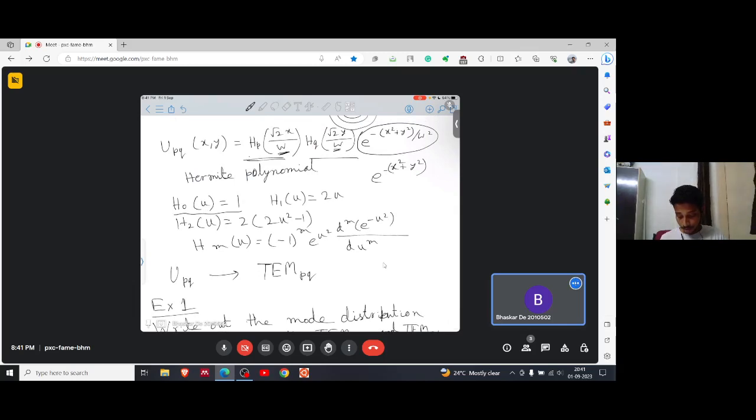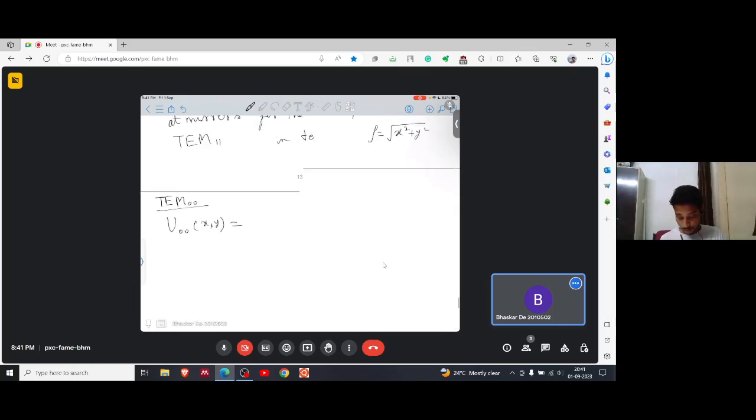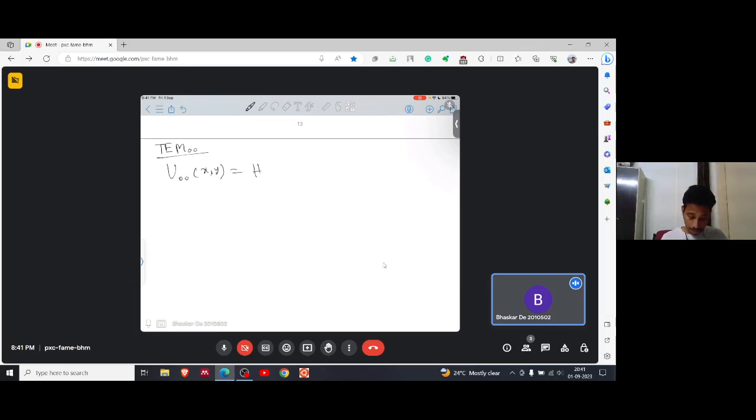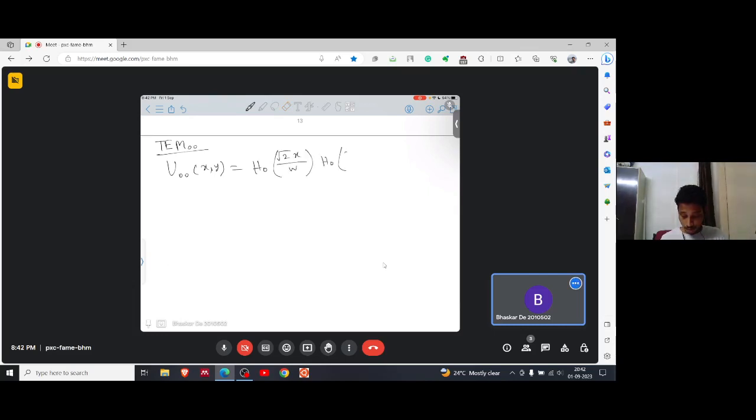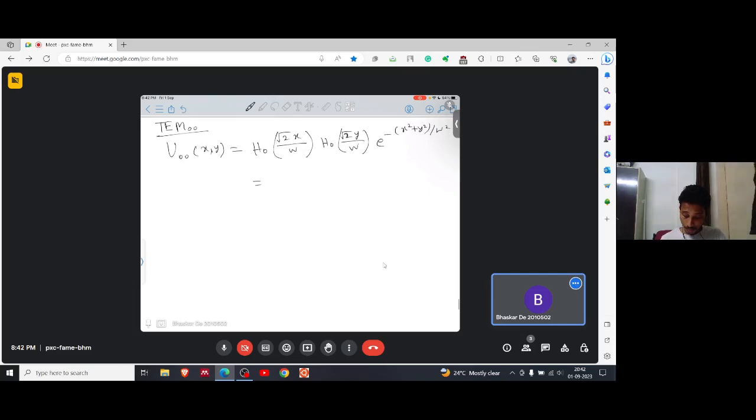This part will be 1, this part will be 1, and then only this part remains: H0 of root 2 x by w, H0 of root 2 y by w, e to the power minus (x square plus y square) by w square. So these two things will go to 1, then we will only have e to the power minus rho square by w square. This is exactly the Gaussian we know.